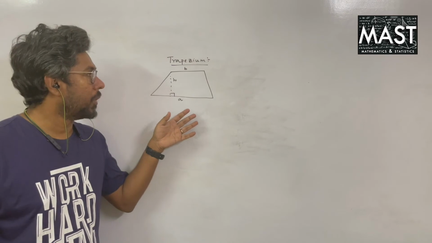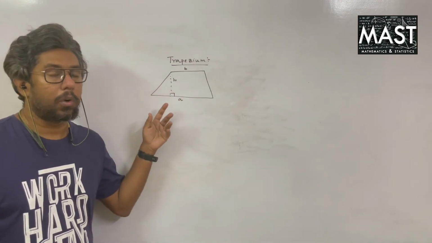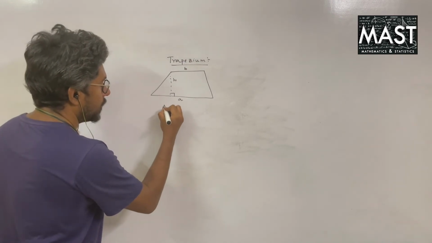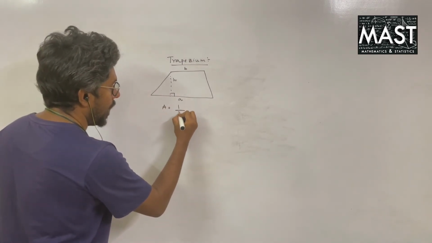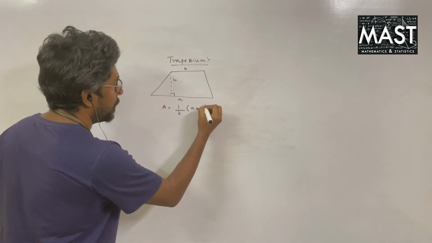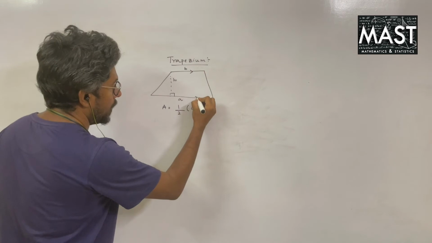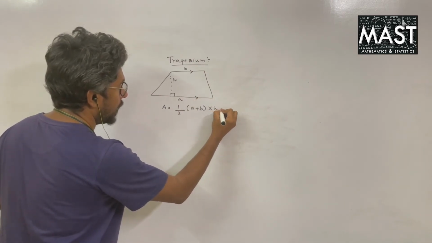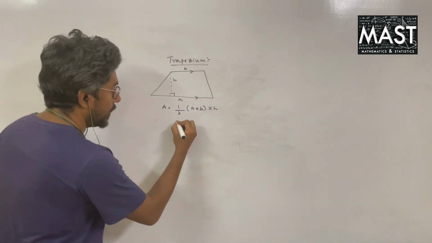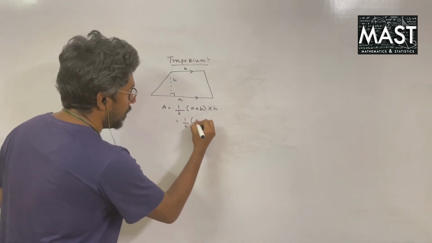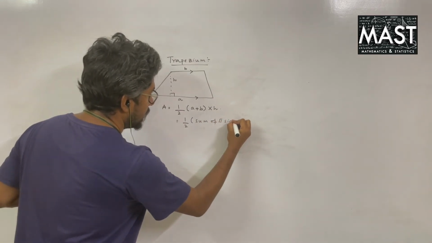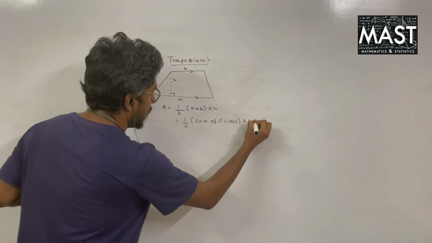Now we'll be talking about another quadrilateral, which is a trapezium. The area of a trapezium is given as half into the sum of parallel sides, which is here a and b, into the height. So in this case, half into a plus b into height.